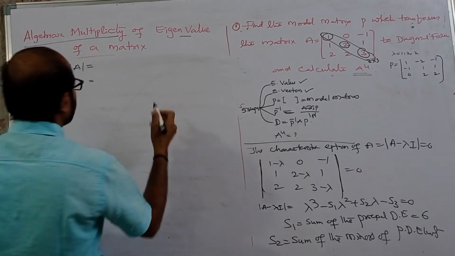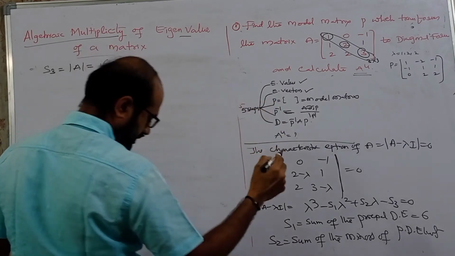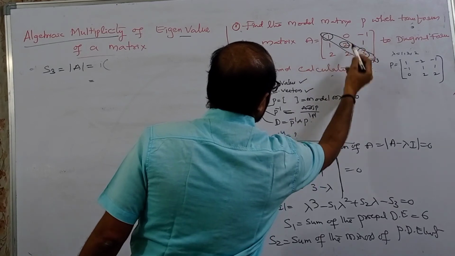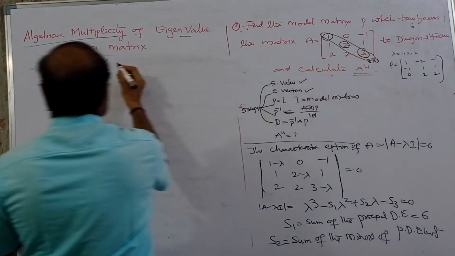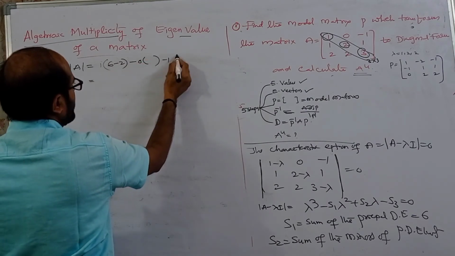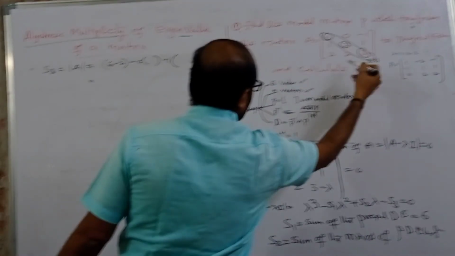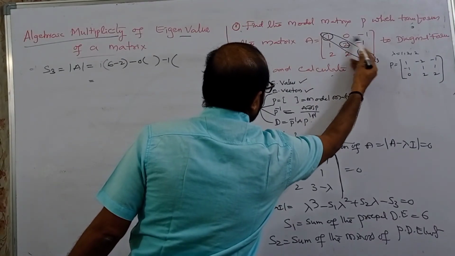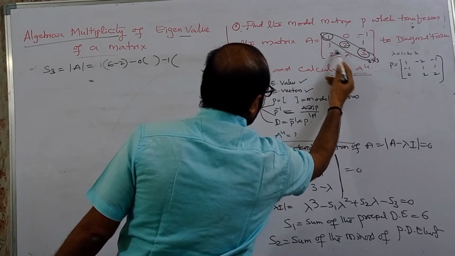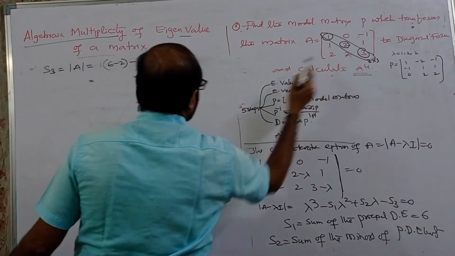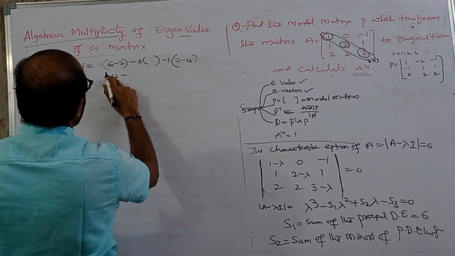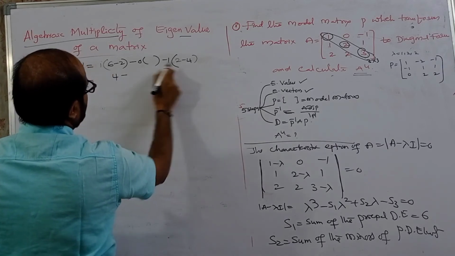What is det A of this? Find out det A. 1 into, eliminate this column and row, then 2 times 3 minus 1 times 2: 6 minus 2. Next, minus 0 into something is 0. Then minus 1 into, eliminate this row and column, you will get 1, 2, 2, 2: 2 minus 4, which is minus 2.